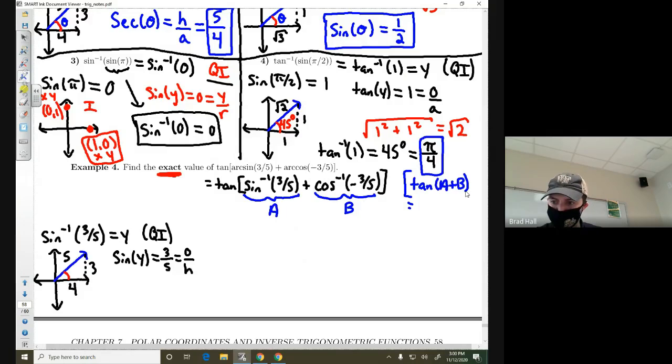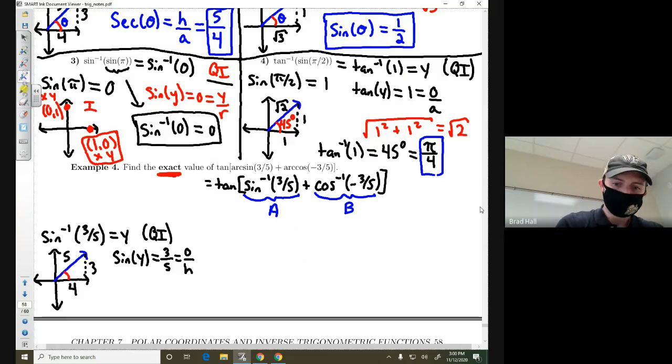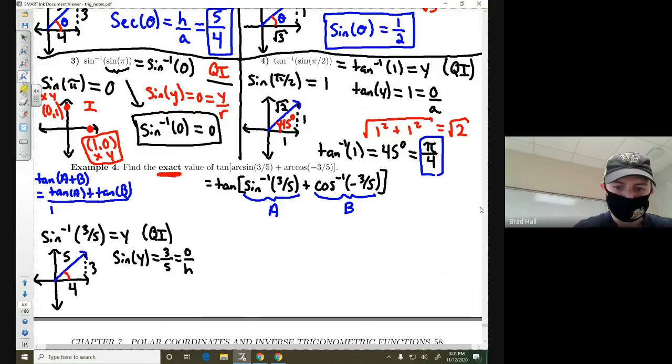And if you need a refresher, I don't even have enough room to write this, so maybe I'll write it off on the left-hand side. Tan of A plus B is equal to tan of A plus tan of B divided by 1 minus tan of A times tan of B.